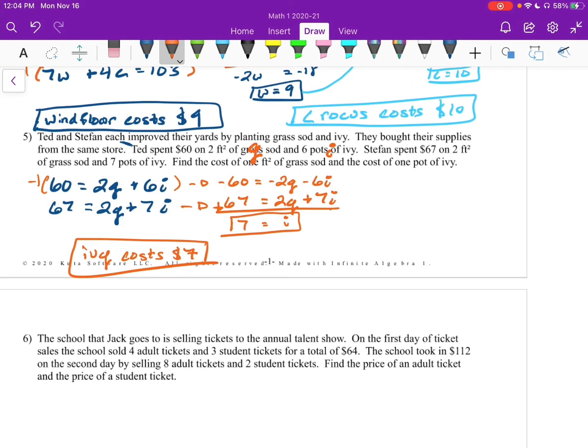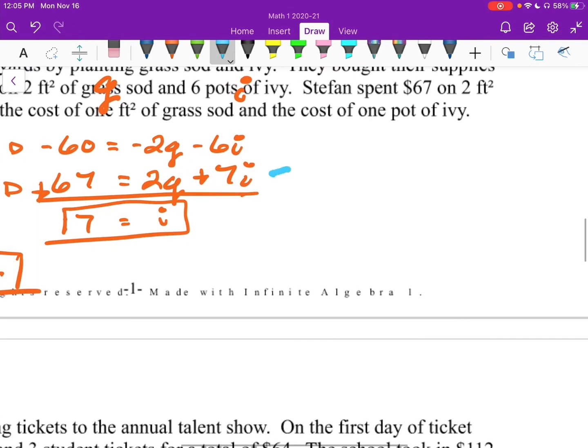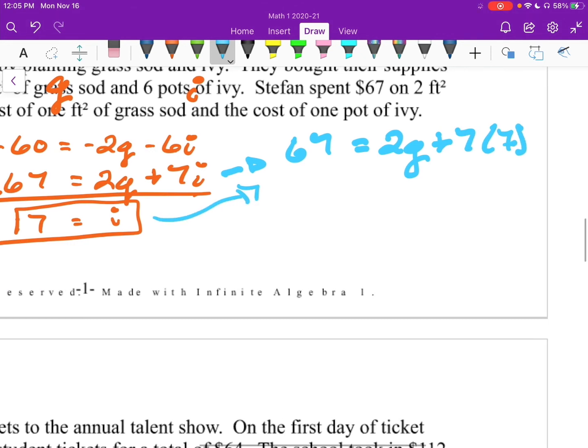To get the other one, let's take one of the equations. Let's take the bottom equation. We'll plug it in. So we've got 67 equals 2G plus 7 times 7, right? So now I've got 67 is 2G plus 49.